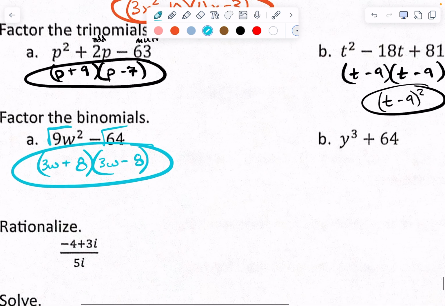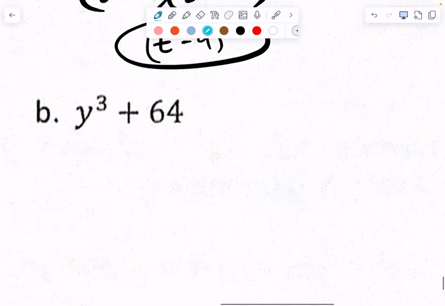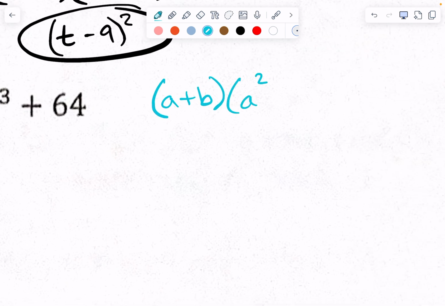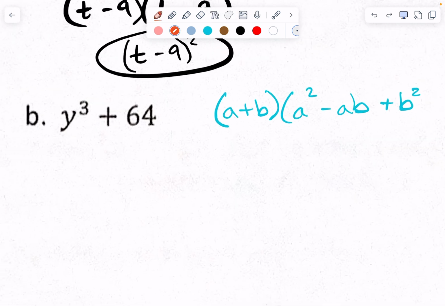Yeah, now this one is going to be a little bit of work. I will give you the formula, by the way. The formula is a plus b, and then it is a squared minus ab plus b squared, right? So what is a, by the way? It's the cubic root of y cubed, which is just y.